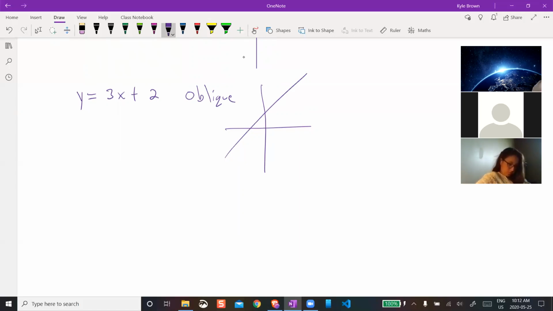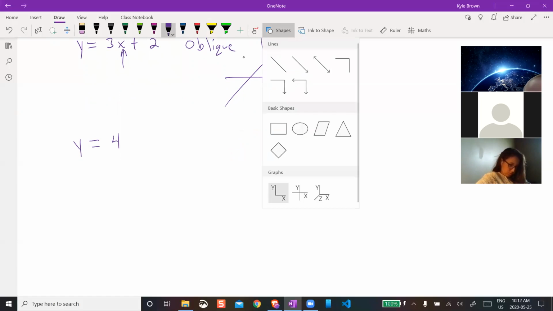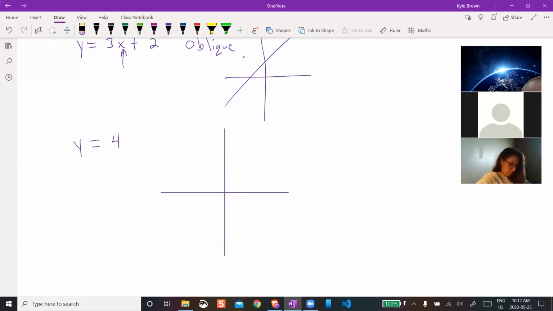But if you remember, if you had something like y is equal to 4, just y is equal to the number 4, right? There's no variable in this case. There's just a number. Well, the way that would look is just a straight line going across at 4.